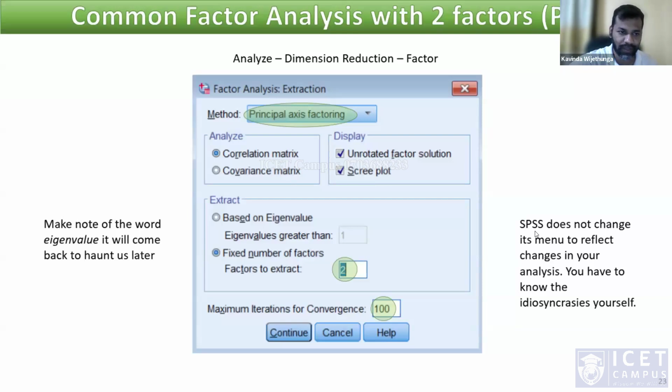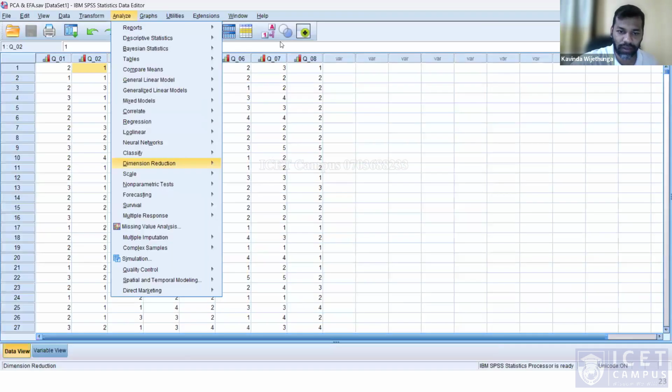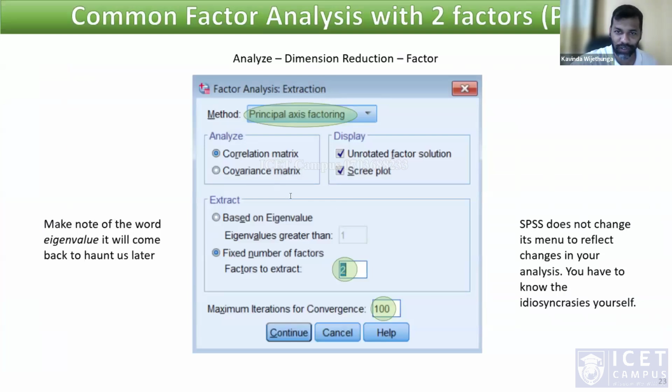Right. We'll go for analysis. We'll go to the data set. First, we discussed principal component analysis, right? Then we are going to try another method called principal axis factoring, right? So we are going to use factor analysis, principal axis factoring, with my data set. Okay. I'm not going to use the eigenvalues for the first example.